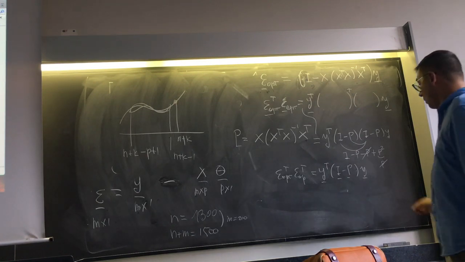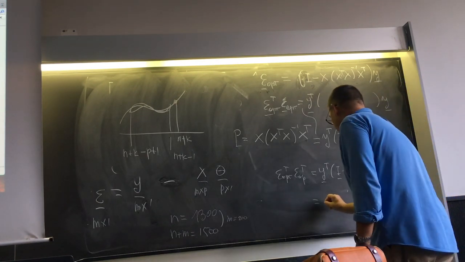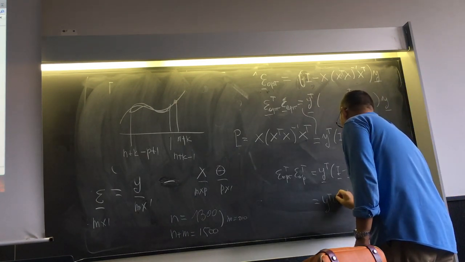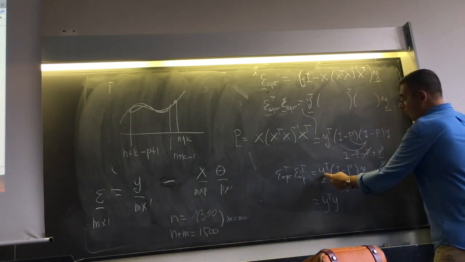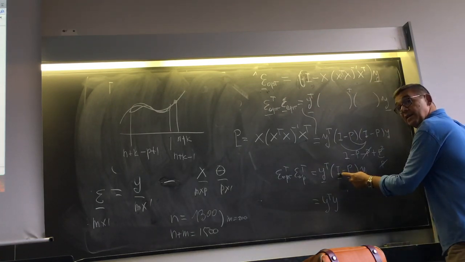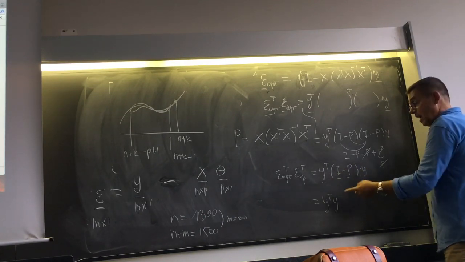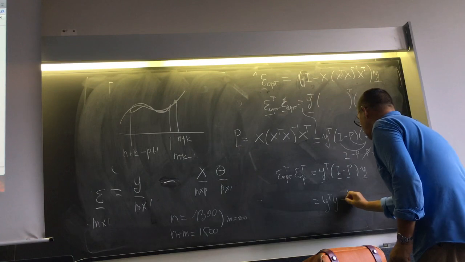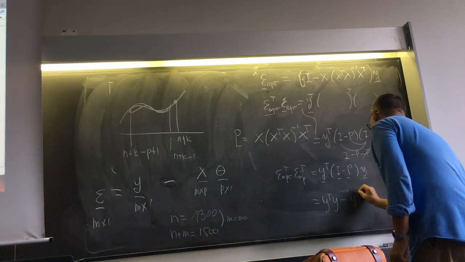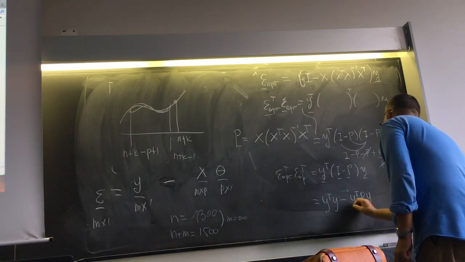Or another way that I can implement it is the following: y transpose y, because I can multiply y transpose with the identity, and then multiply y with the identity. And so that comes to y transpose y minus y transpose p y.